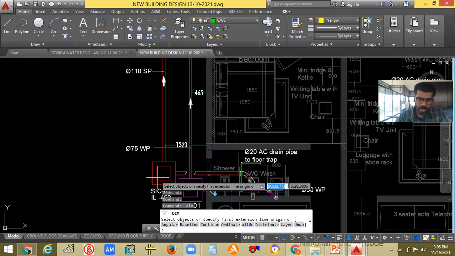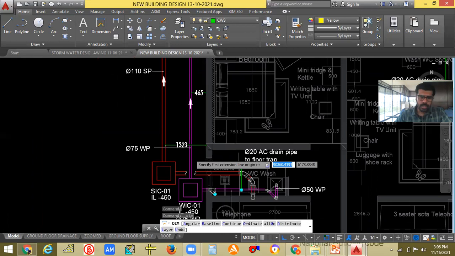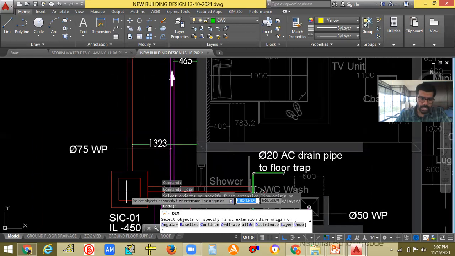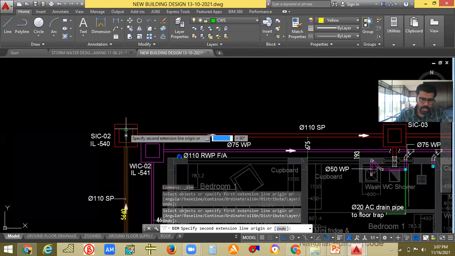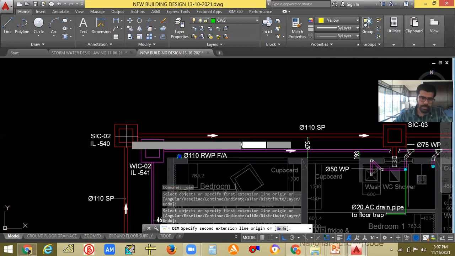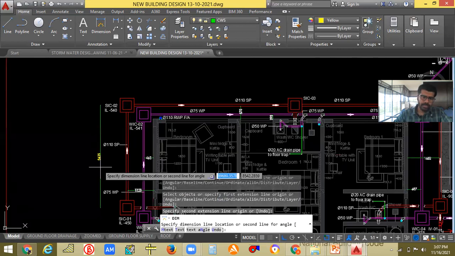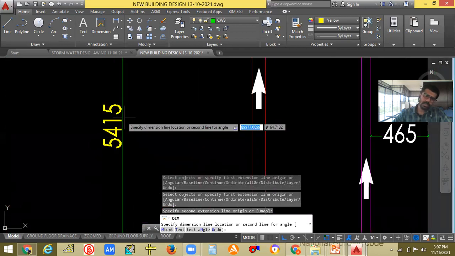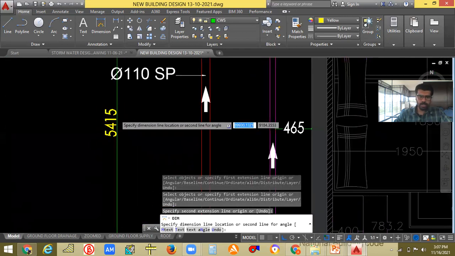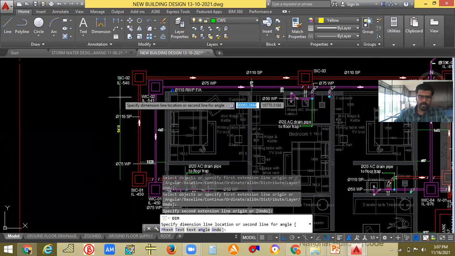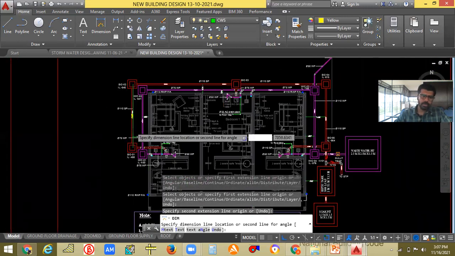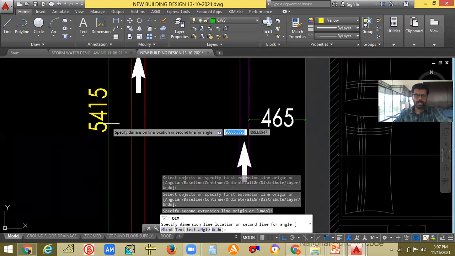In order to find out the invert level, you have to take the distance from center to center. It is approximately 5.4 meters, 5.415 meters.